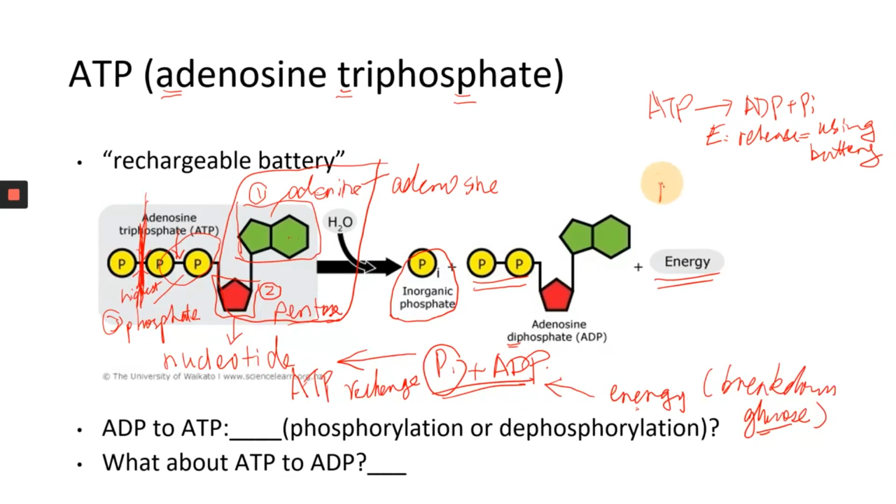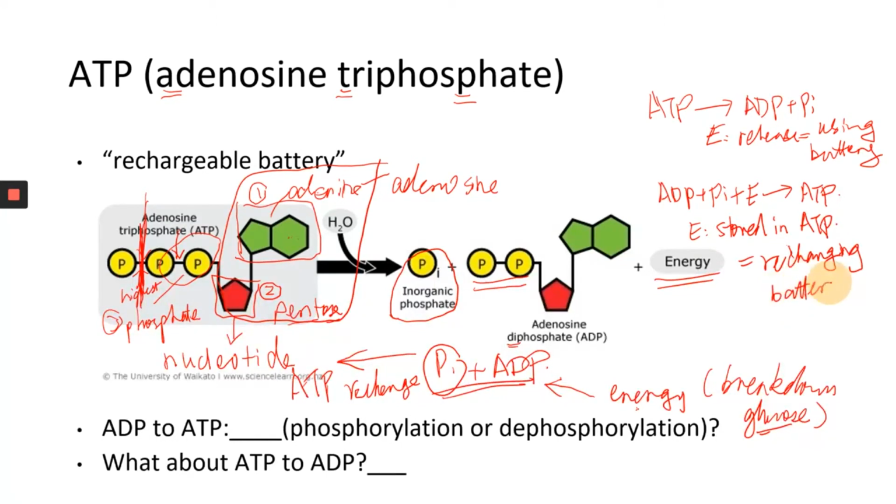If you go the other direction, when you use ADP and the phosphate, and then use the energy that you capture from breaking down something to make ATP, energy is stored in ATP for future use. This is equivalent to recharging the battery for later use, right? You can recharge the computer battery without using it. And then when you go somewhere else where you can't plug it in, you can just use the energy that's stored in the battery.